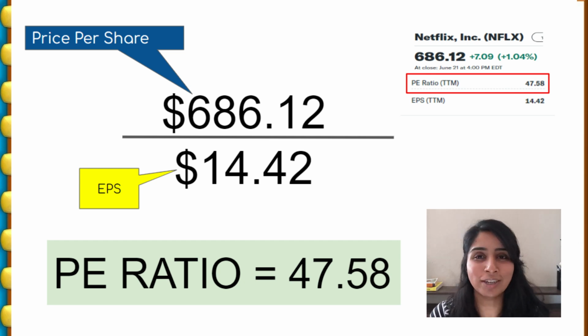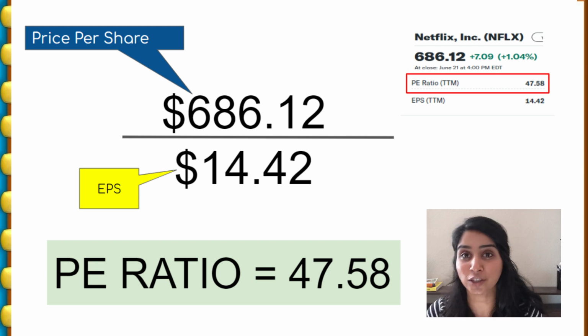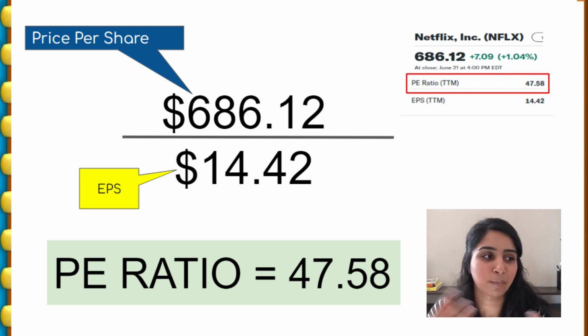Now you might be like, 47? That sounds ridiculous. I'm paying 47 times as much. To be honest, if you look at PE ratios, you always have to make sure you're comparing within specific industries. Netflix is like an entertainment service, so something you can look at to compare is Disney.